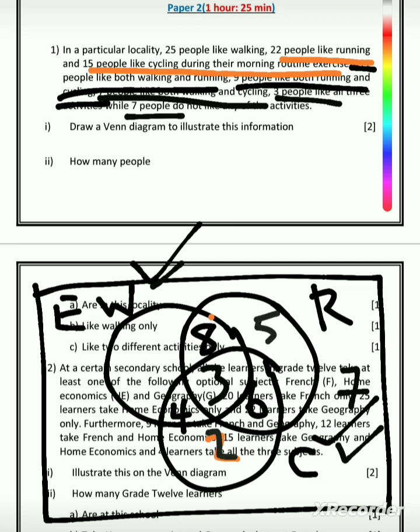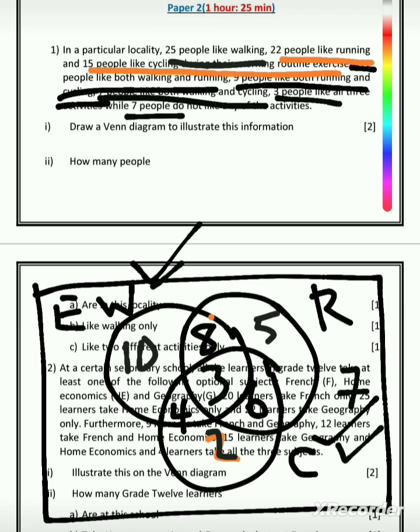We go to the next. 25 people like walking, so in walking they're supposed to be 25. We've already written 4 plus 3 plus 8, which gives us 15. 25 minus 15 is 10. We are done. Now we'll go to the questions.